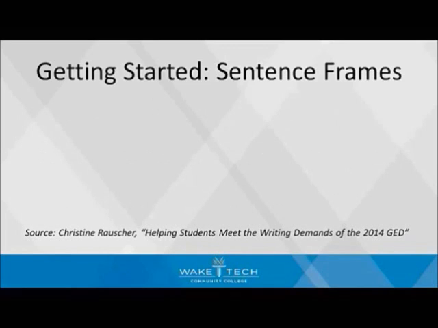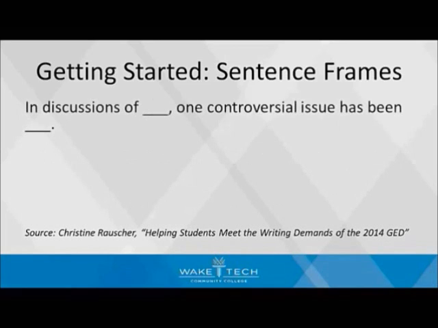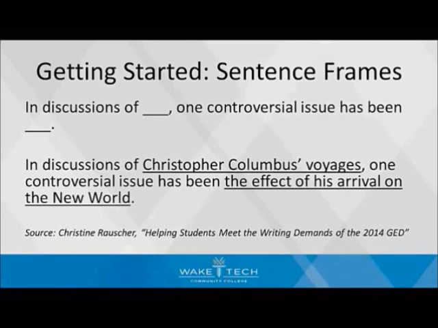Another example is, in discussions of blank, one controversial issue has been blank. We could say, in discussions of Christopher Columbus's voyages, one controversial issue has been the effect of his arrival on the New World. Pay close attention to this example because we're going to use it in our introduction.